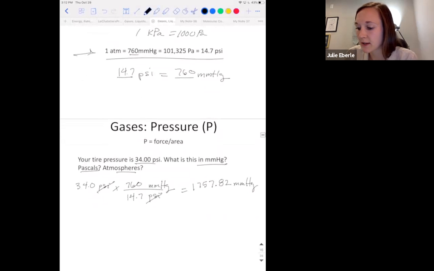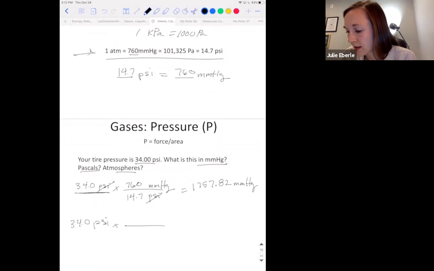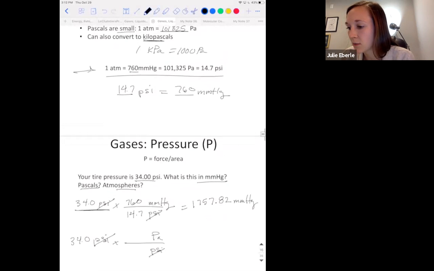Now let's convert it to pascals. So you start with the same number, 34 PSI. We want to cancel PSI and we want to convert to pascals. That's how the units are going to work, but what's the relationship? 14.7 PSI equals 101,325 pascals.